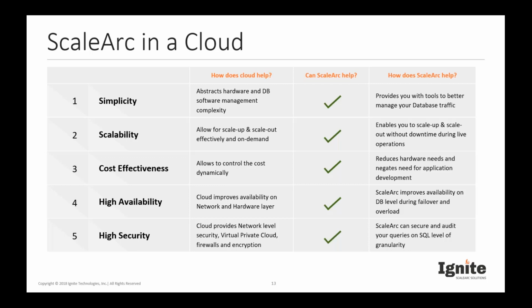Of course, on premises you would probably not be as quick to scale up, to add CPUs, to add memory, because that requires actual hardware manipulation. But ScaleArc can help you in both situations, and particularly in the cloud, where you can actually scale on demand with zero downtime.